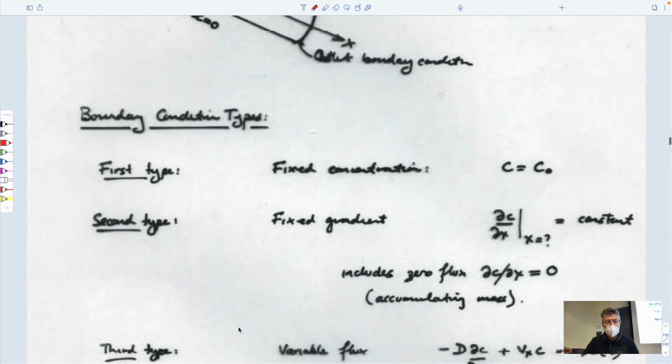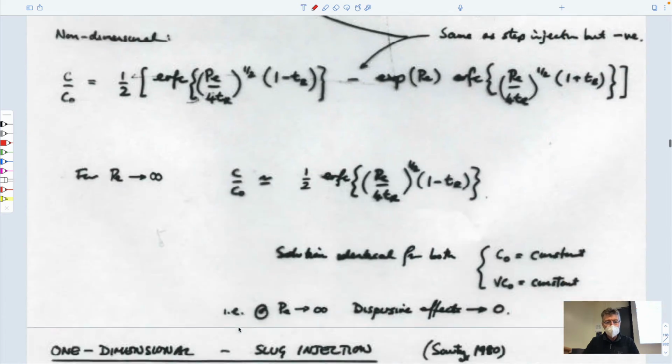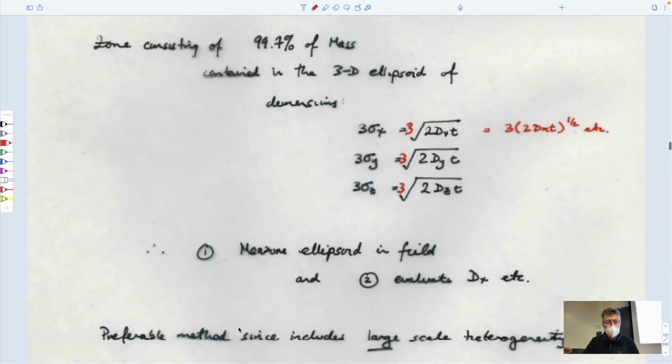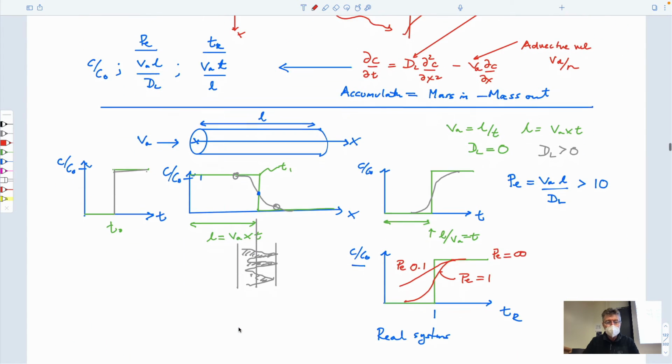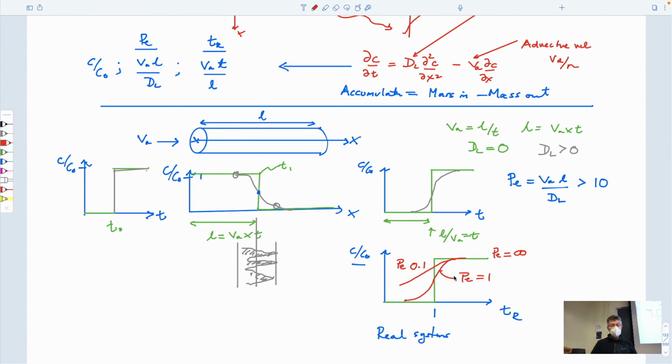So be aware of the fact that if you solve the PDE that represents these processes, then your curve that we just looked at is this, which isn't necessarily the same as this. You can get away with assuming for Peclet numbers bigger than 10 that the 50% concentration will be about at the location of where the front should have gone based on this very simple velocity relationship.